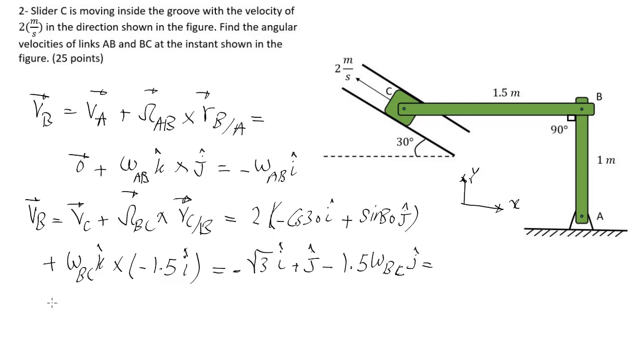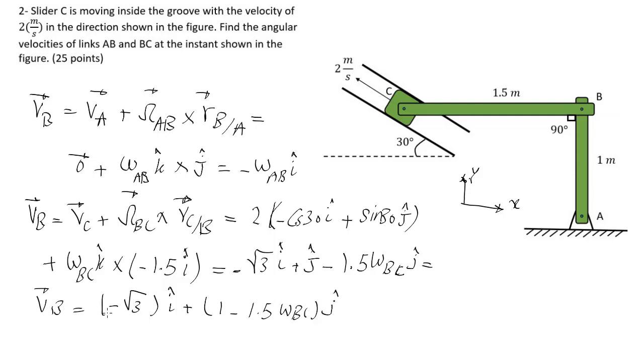So we get VB equal to minus the square root of 3 in the I direction, plus 1 minus 1.5 omega BC in the J direction.